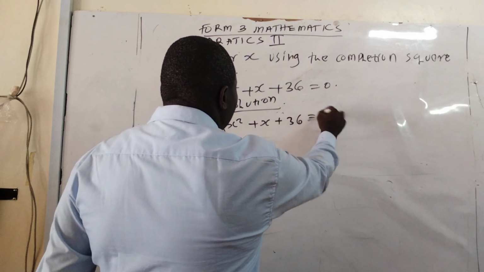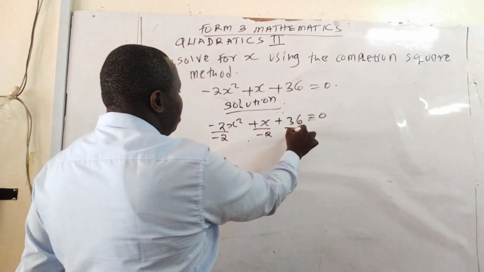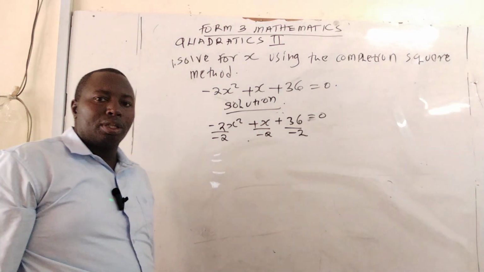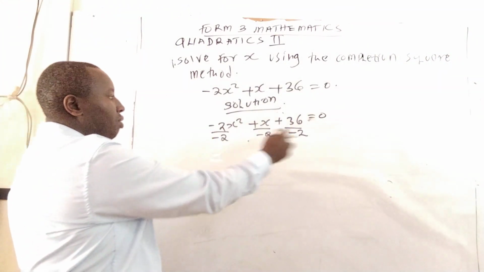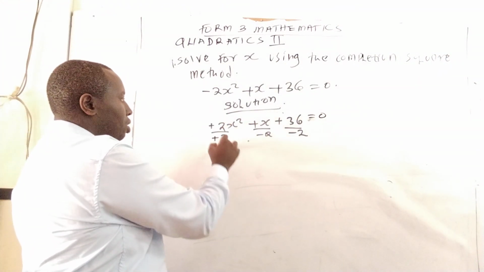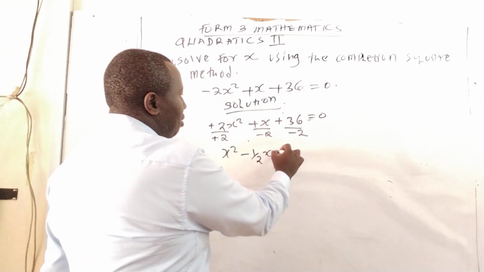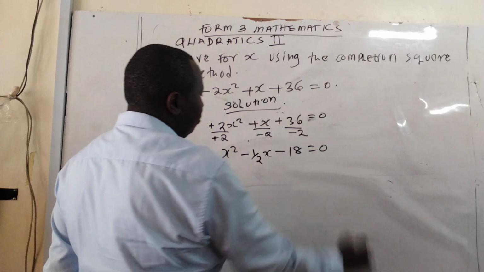You divide all terms by -2, so you get x squared minus a half x minus 18 equals 0.